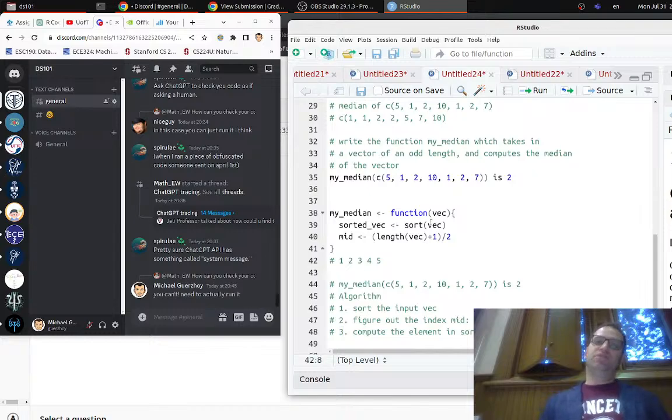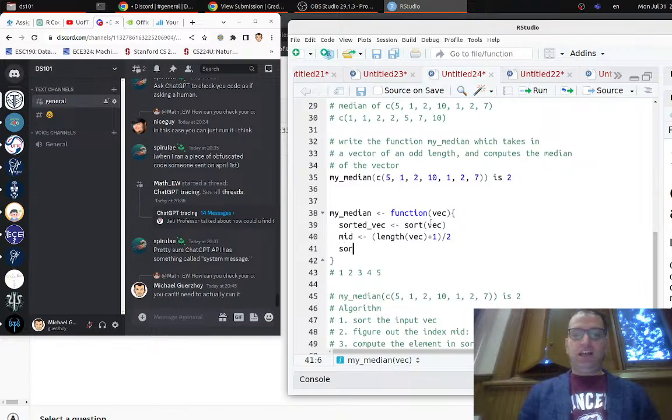And of course, you don't just plug in the one example. If I figured it out for 5, I know that the answer should be 3. So maybe I figure out the formula, then I'll check if it also works for 3 and 7 and stuff like that. In this case, it's pretty straightforward. So it's just like that. And then the answer is sorted vec at mid.